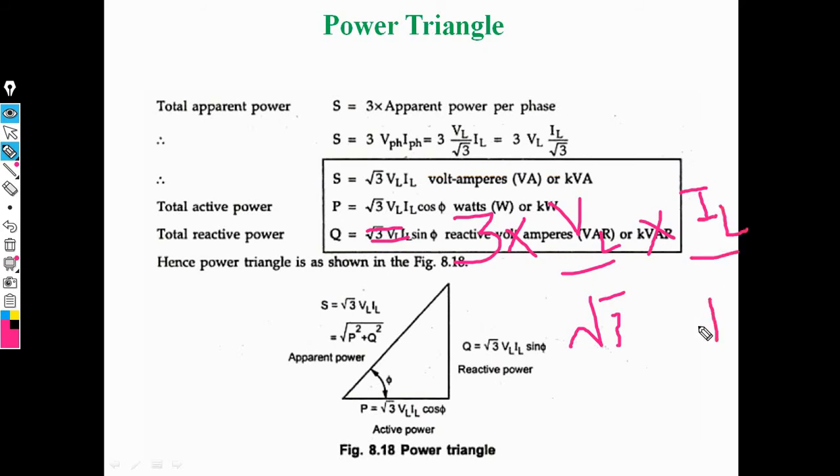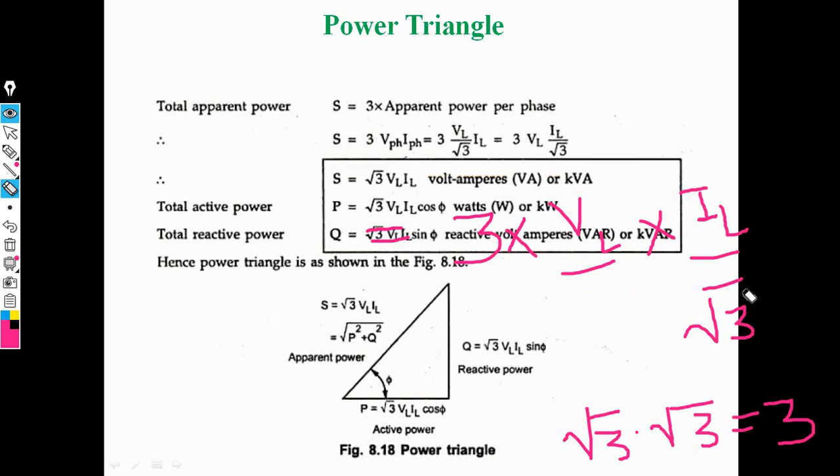Here root 3 into root 3 gives 3. Then this value is put here, and the 3s cancel.